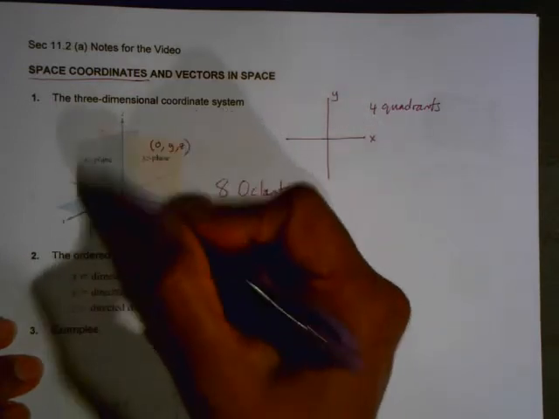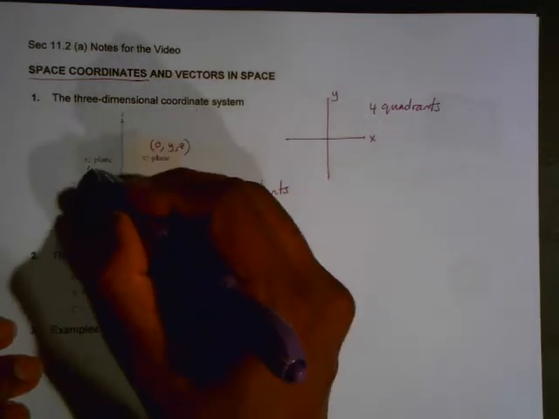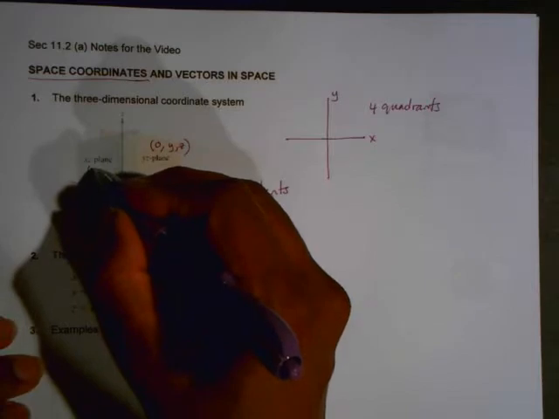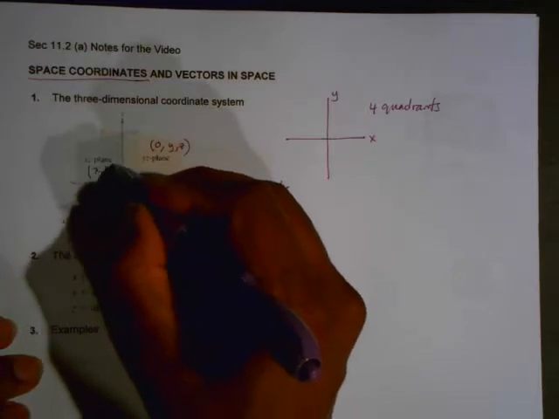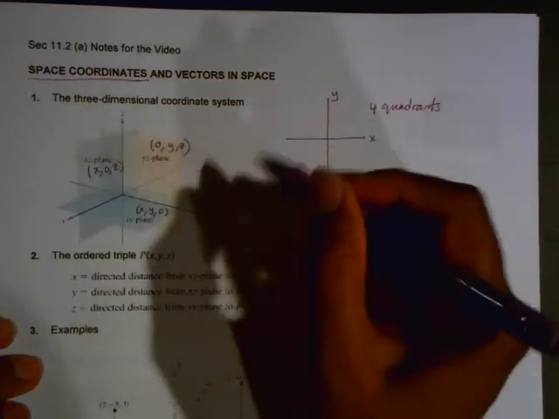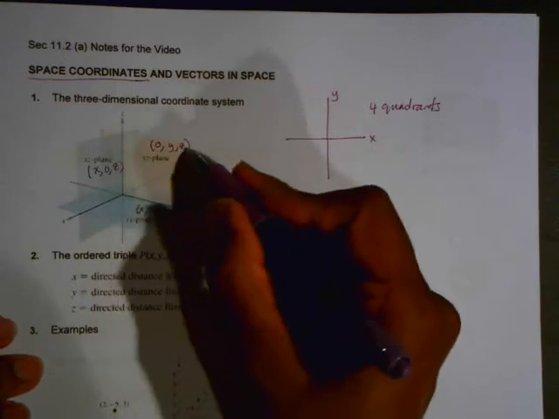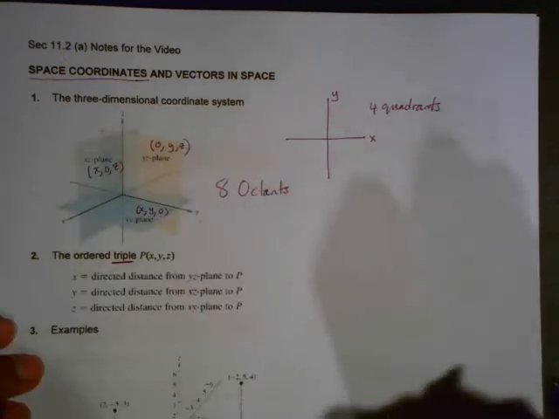The xz plane would have points that have coordinates that'll have an x value, a 0 y value, and a z value. So these points that occur in the 3-dimensional coordinate system have x, y, and z values, and so it's called an ordered triple.